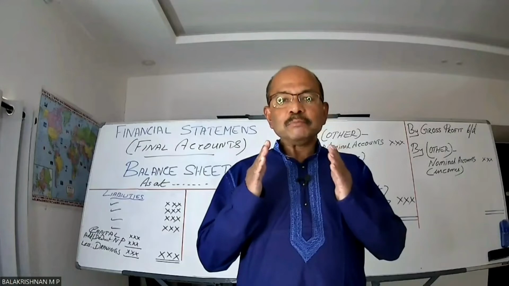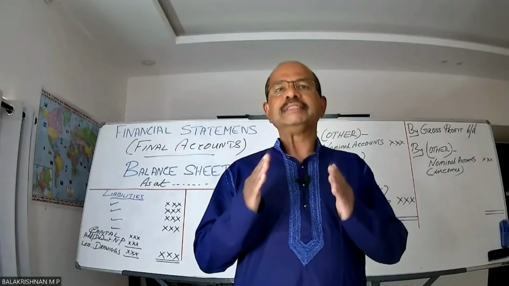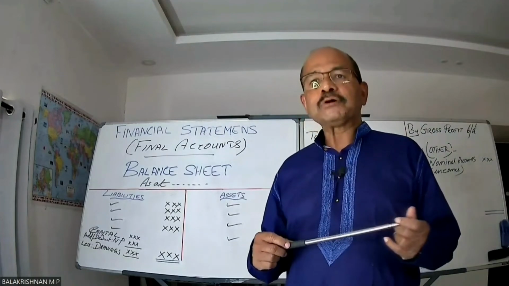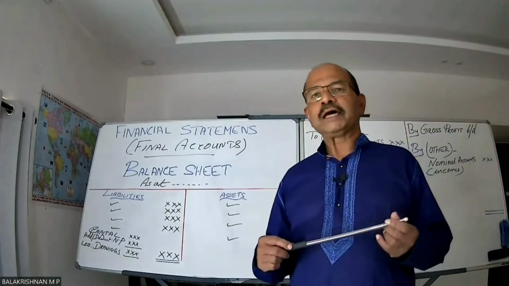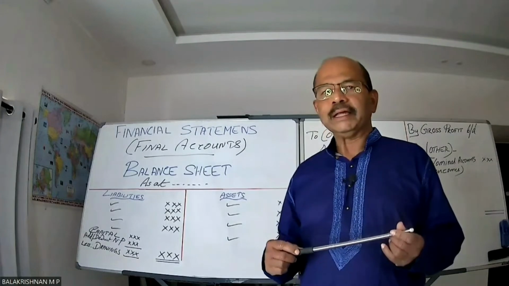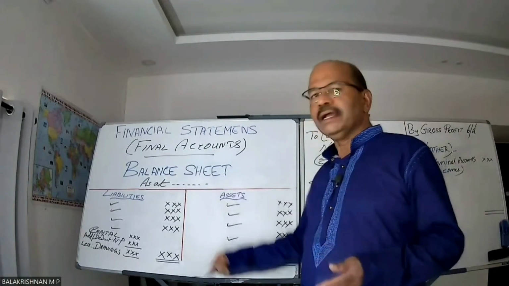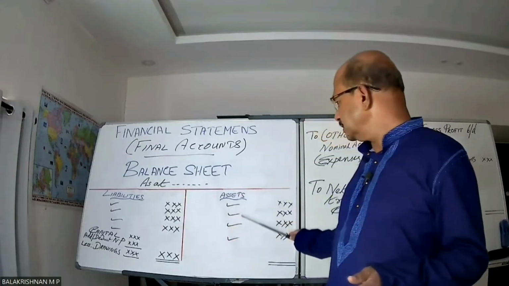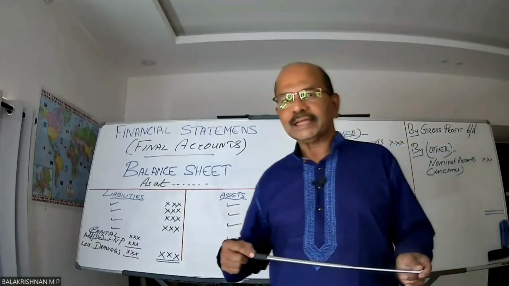And items will move from the trial balance to the balance sheet as follows. All the credit items of real and personal accounts have to be shown in the liability side, and all the debit items in the asset side. This is basically done like that.